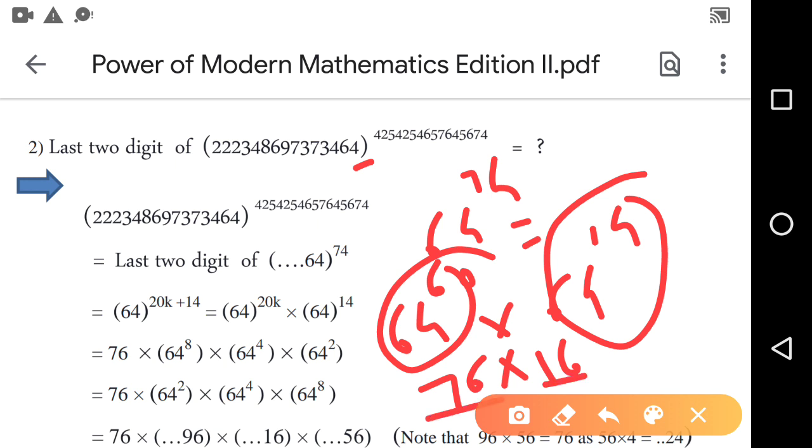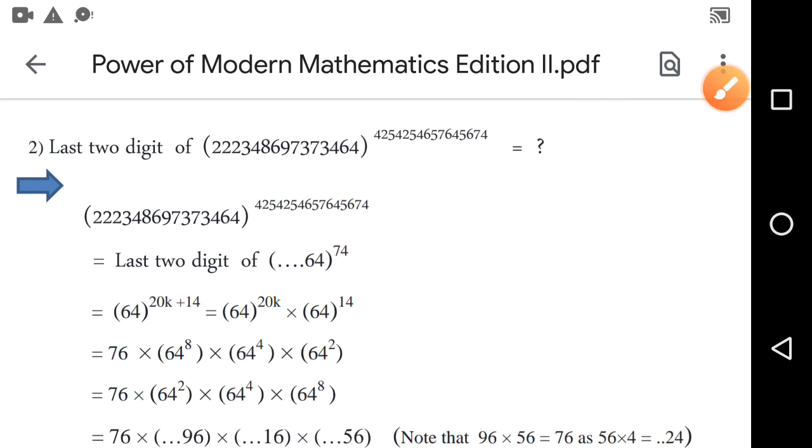Now 76 into 16 we have to calculate. 9 is the carry, 16 into 7 is 112, so 16.